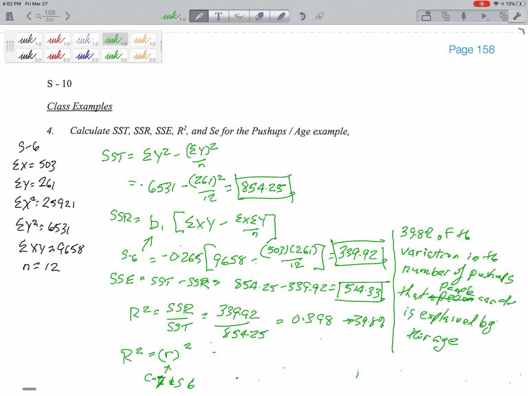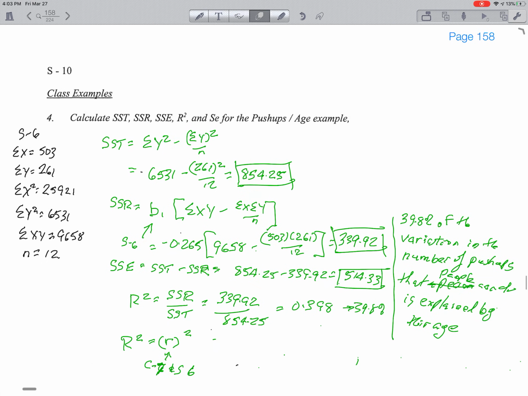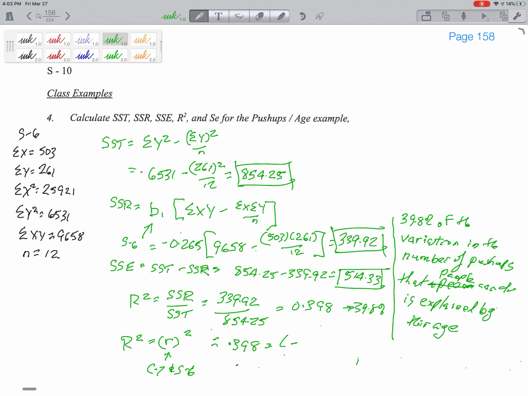Yeah, that was C7, and we talked about it in S6. All right, so that's going to be R squared 0.398 is equal to minus 0.631 squared. And we know that this is negative here because the slope was negative.